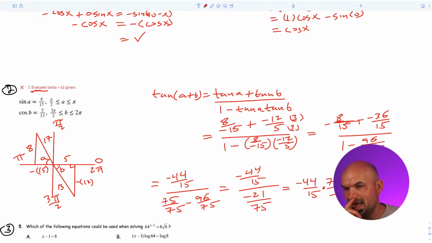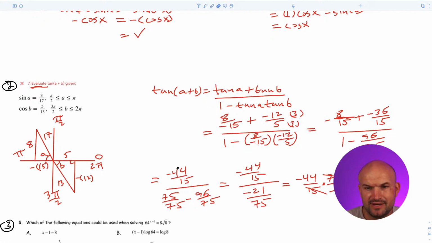Now you can see that 15 goes into 75 five times, so it's 44 times 5 over 21.